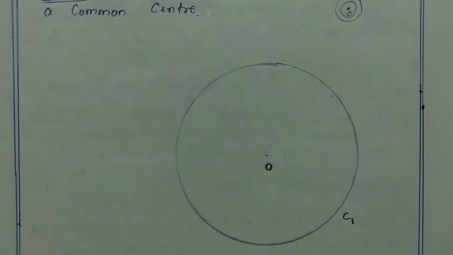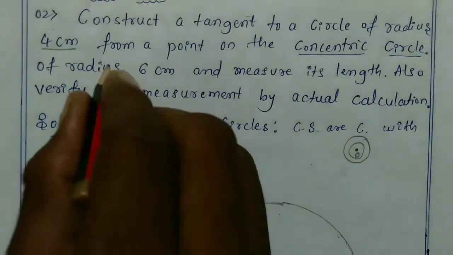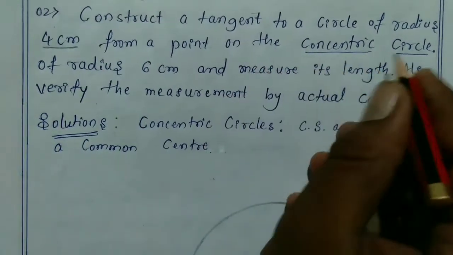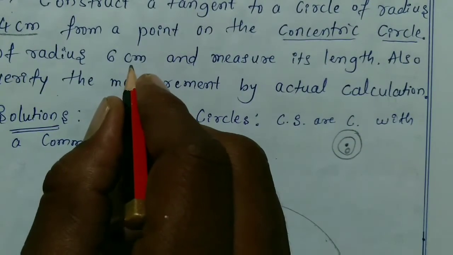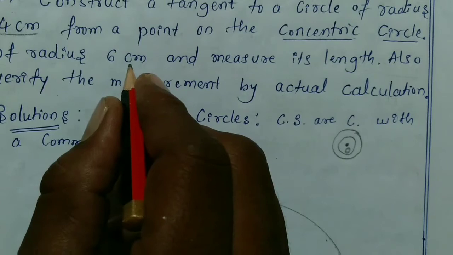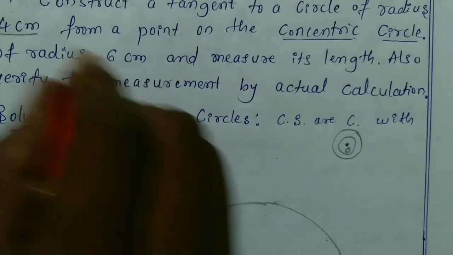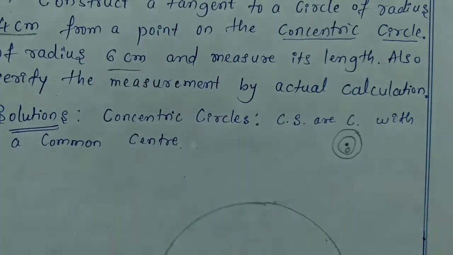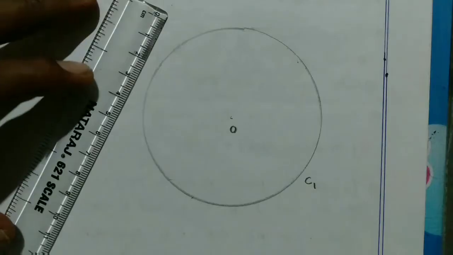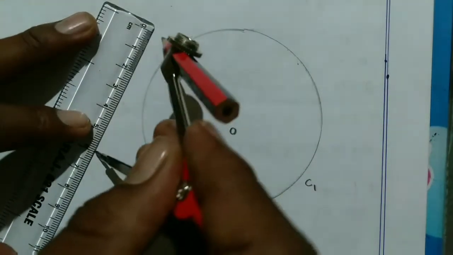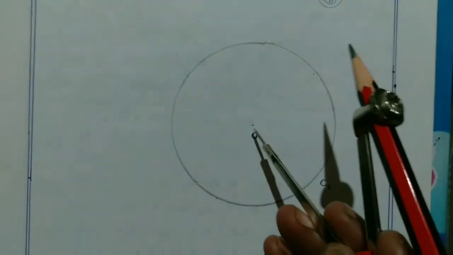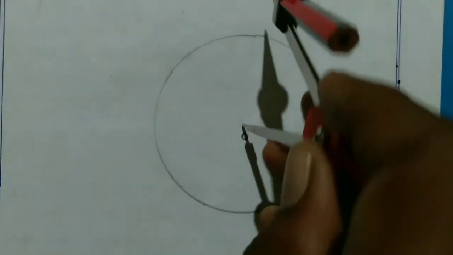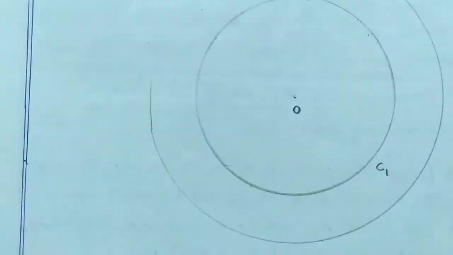Right? So next, from a point on the concentric circle of radius 6 centimeter. You can draw a 6 centimeter circle, and these two circles are concentric circles. With the help of a compass, you can take 6 centimeter radius, and from center O you can draw the C2 circle.